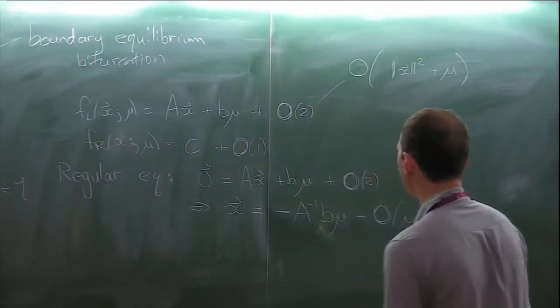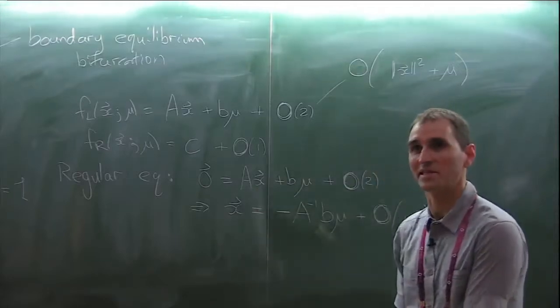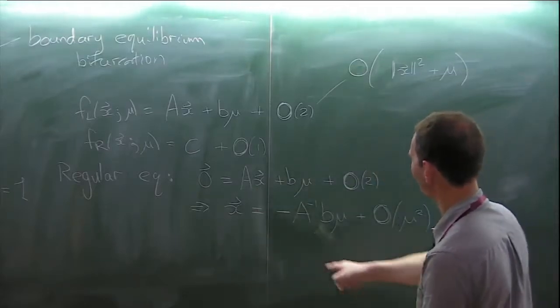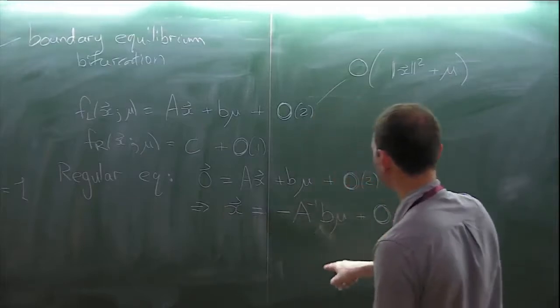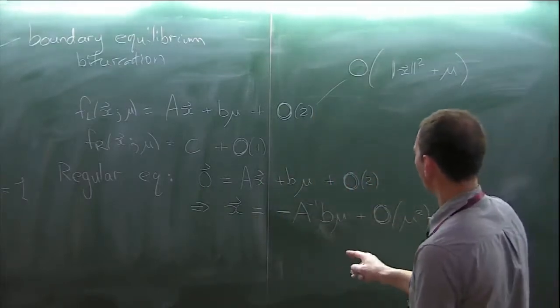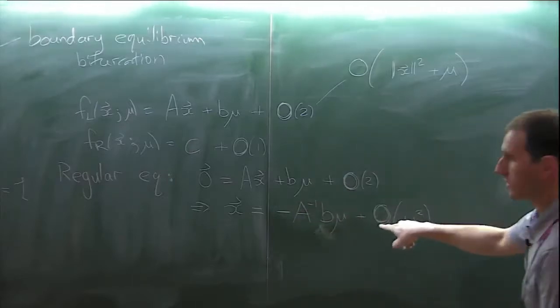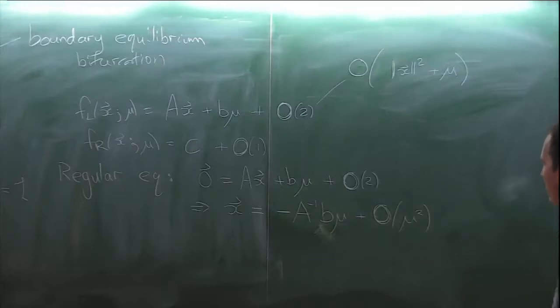So regular equilibria satisfy this equation, so then I can solve for x. Great. A is an n by n matrix. Let's assume that A is invertible. So then I get this with an A inverse, and the higher order terms are going to contribute order mu squared there.